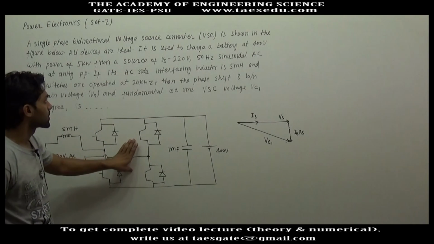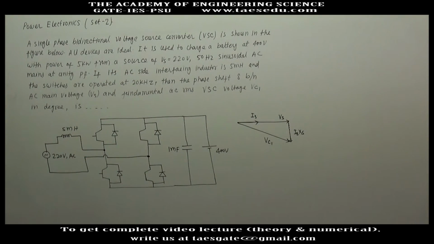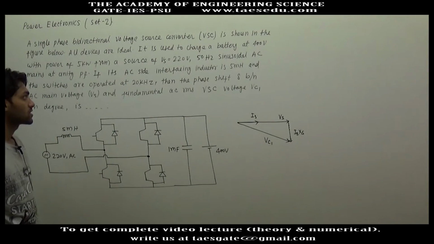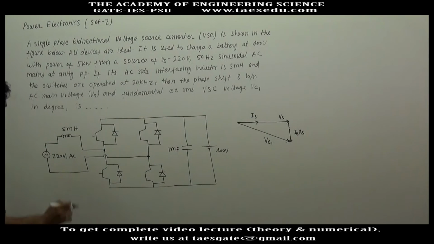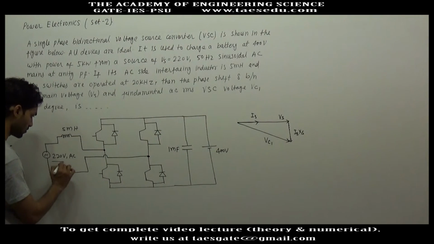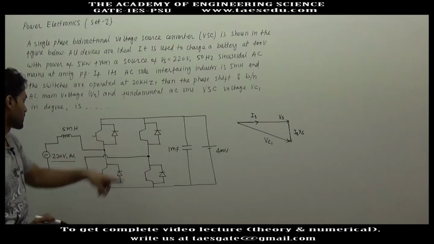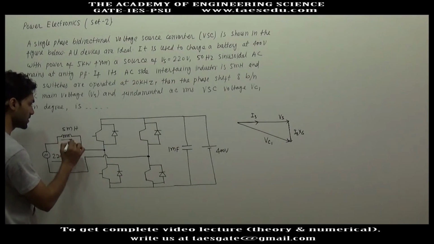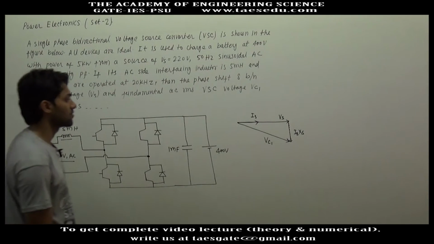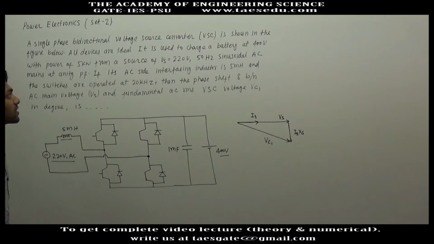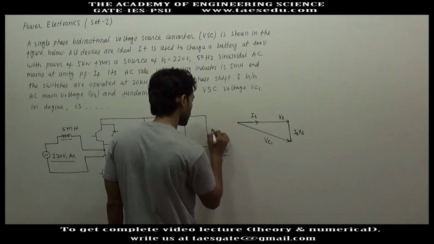This circuit diagram is for a bidirectional voltage source converter, where this is a 220 volt AC voltage source connected to the converter circuit through a 5 millihenry inductor, and here we have a 400 volt battery which is to be charged with power of 5 kilowatt.